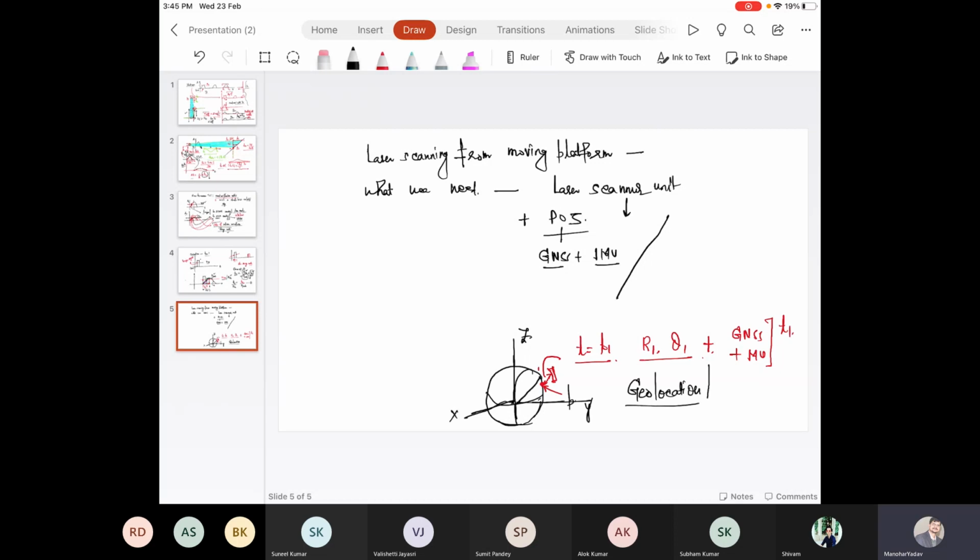And the geolocation process involves rotation and translation of a vector.